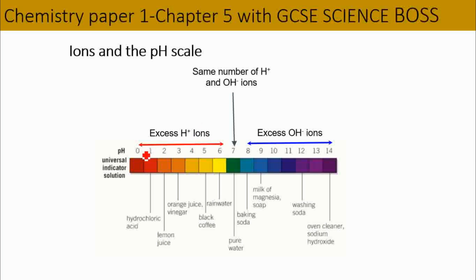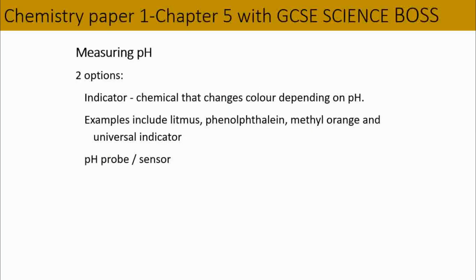You can see the lower the number, the more hydrogen ions it has, but the higher the number, the more hydroxide ion it has. Okay, so you can see the different examples, and right here in the middle it has equal number of hydrogen and hydroxide ion. Okay, so remember, the lower the number, the more hydrogen ions, the higher the number, the more hydroxide ions that it has.